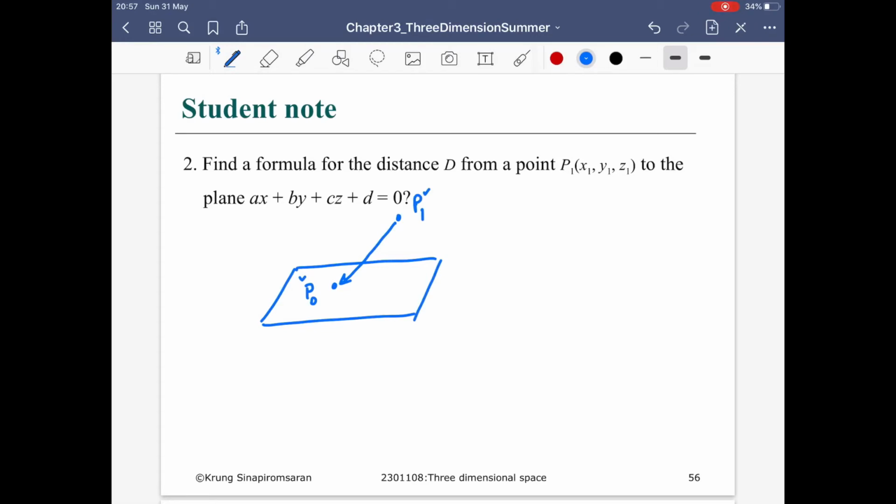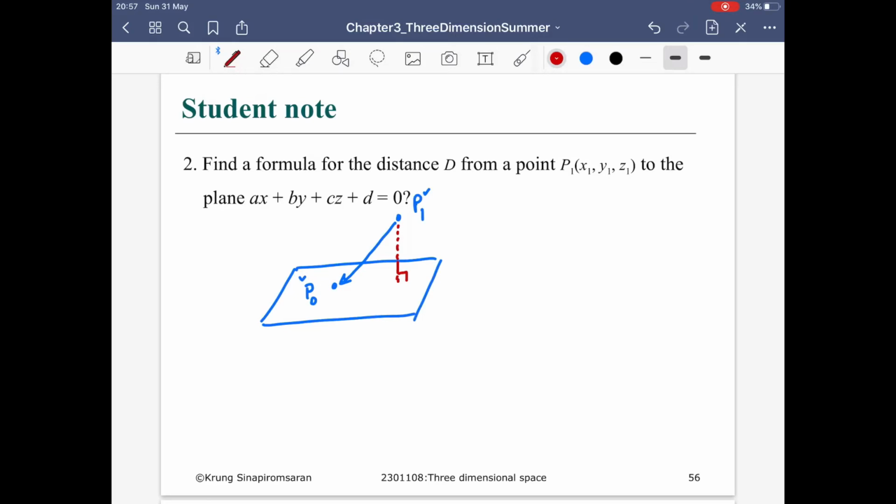Of course, you are not going to be so lucky that the vector from p1 to p0 will be perpendicular to the plane, so that this length can be the distance between your p1 and the plane. The distance between your p1 and the plane should be the shortest distance, so it's the perpendicular or orthogonal projection from that point p1 to the plane, just like this.